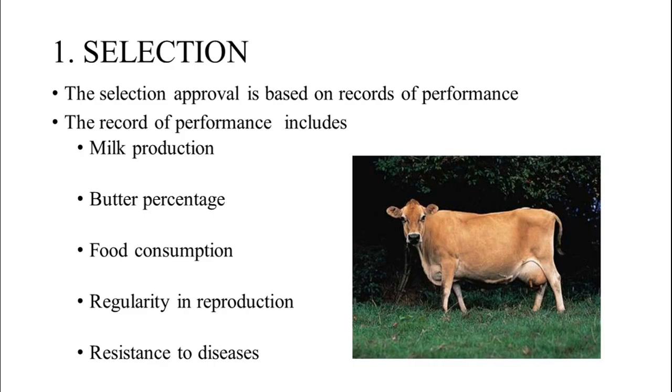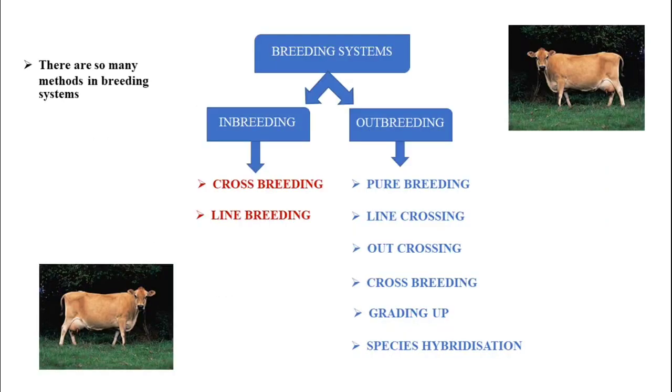So we need to observe the performance records of a breed, right? The performance may include high milk production, high butter percentage, low food consumption, regularity in production, and resistance to diseases. All these criteria can be considered for involving them in the breeding process.